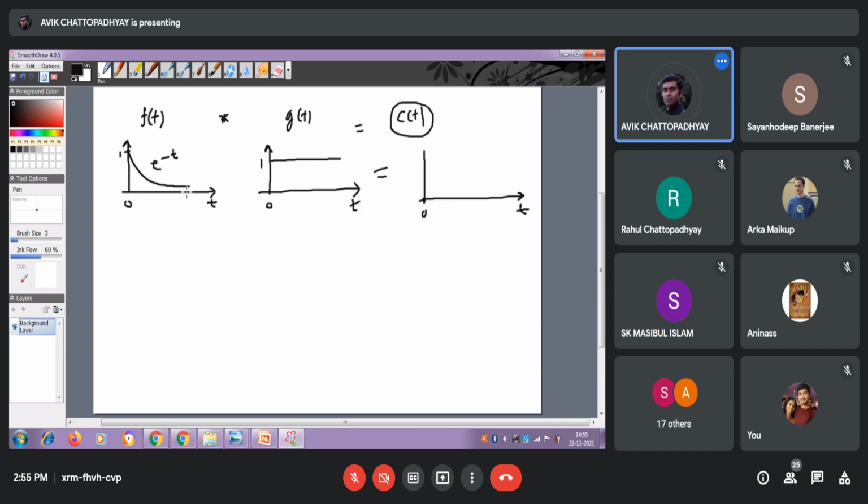Maximum area, because ultimately you are multiplying between these two. Or maximum value rather. While you are flipping this function or this function, the height is not going to change. It remains always 1. Very good. The maximum value will be 1.